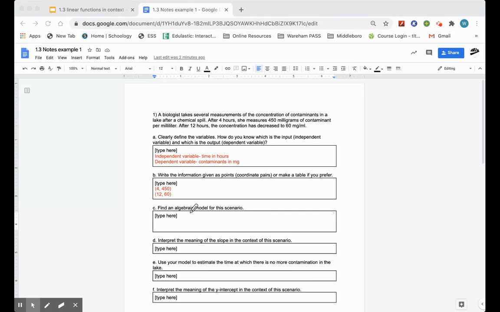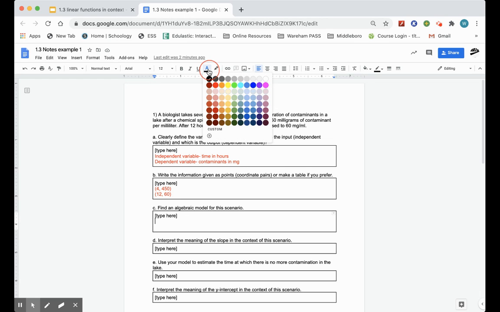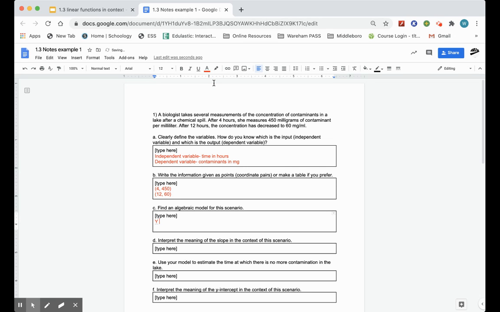So to write an equation, I'm going to use point slope form. So remember y, and I'm going to use the first one. And slope is negative. And it doesn't tell me what form I need to write it in, so I'm going to leave it just like that.